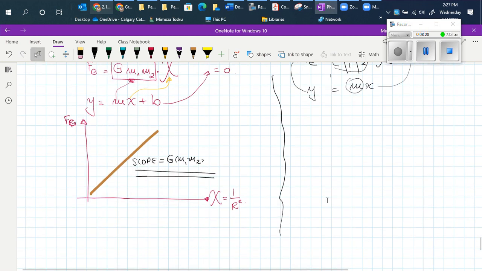It is a straight line because the y-intercept is equal to 0.